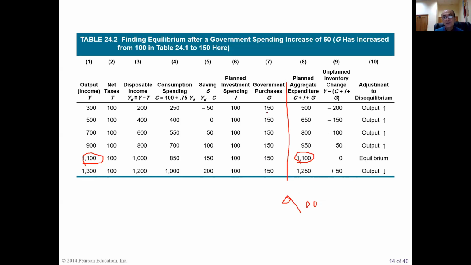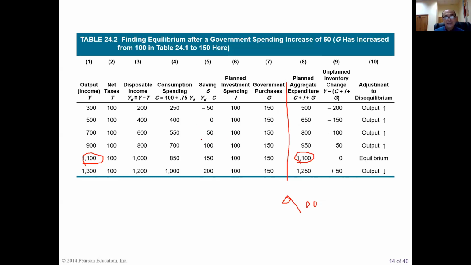Divided by 50, which is the difference between 100 as the initial government expenditure in the previous schedule and the new government expenditure, which equals 150. Meaning that we divide 200 by 50, sorry, and in this case we get 4 as the value of the multiplier.